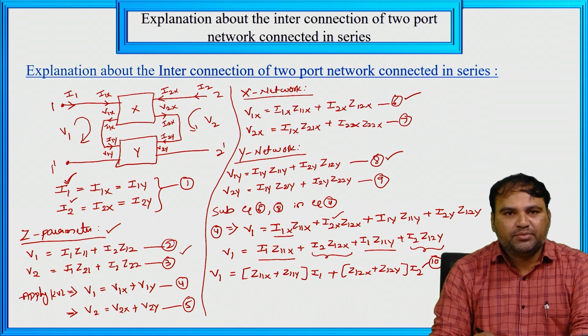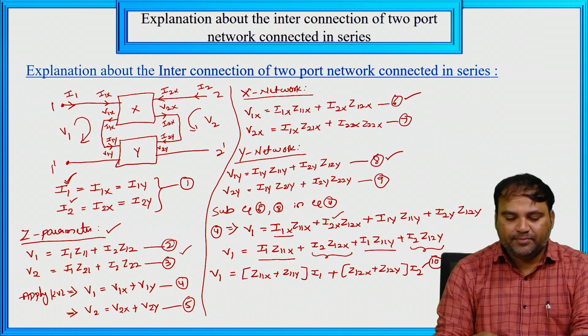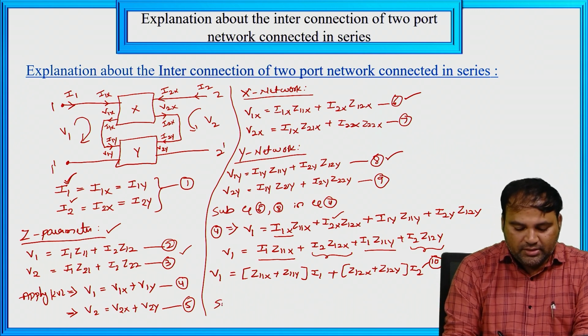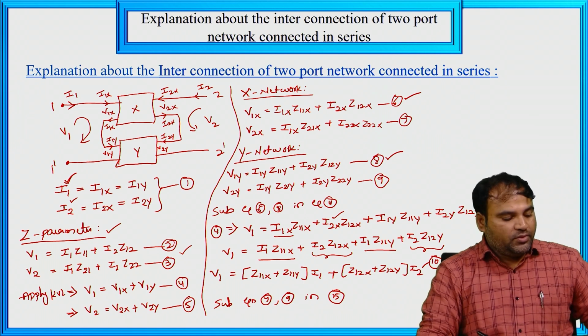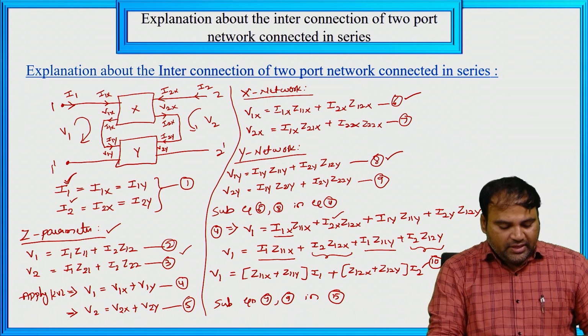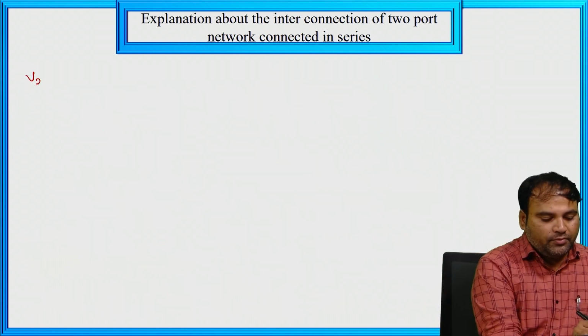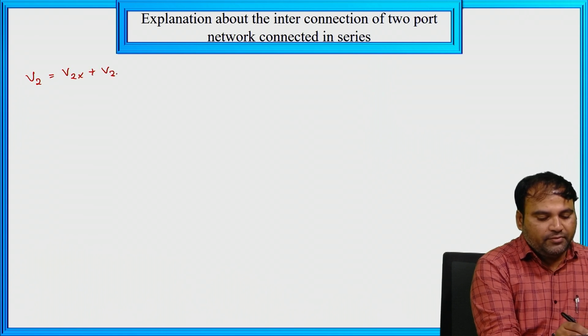Now we have to substitute equation number 7 and equation number 9 in equation number 5. The fifth equation is V2 equal to V2x plus V2y.